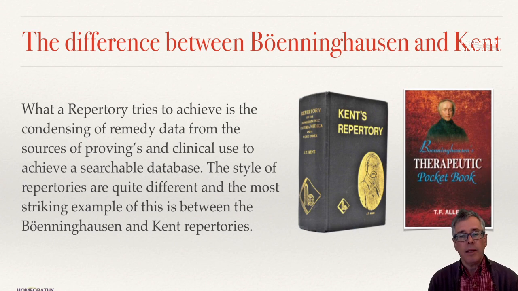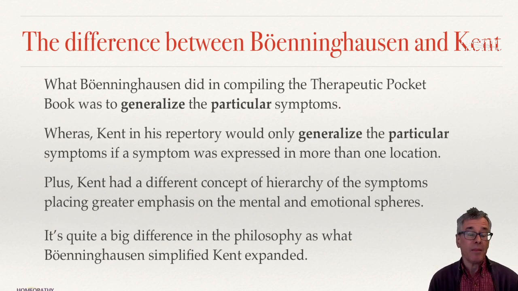Kent is the root of most of the modern repertories, being Synthesis, or Encyclopaedia Homeopathica as it's called now, and the Complete Repertory. But what's important is that the Therapeutic Pocketbook and Böenninghausen's Repertory were really the root of Kent's repertory. So they're actually more similar than they are different.